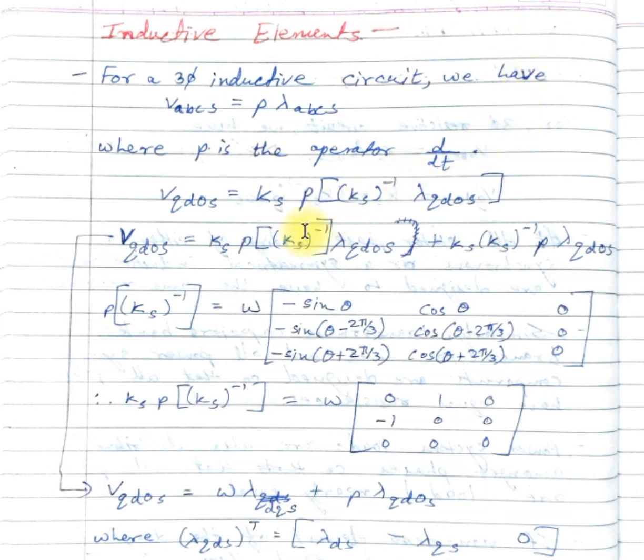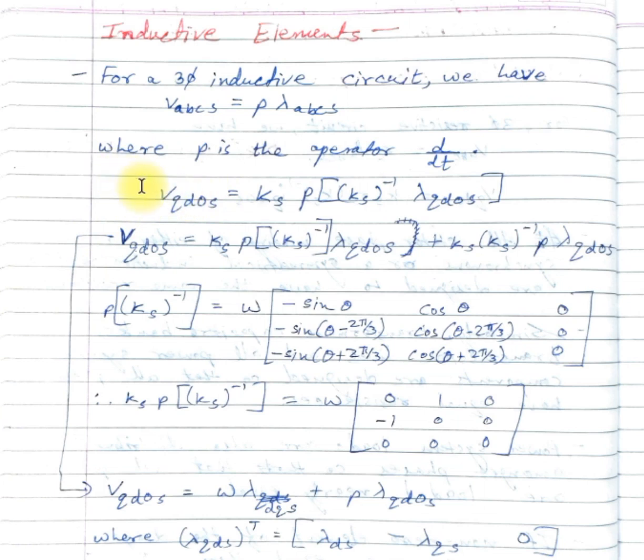So here V of QD0S would be equal to Ks into P into Ks inverse into lambda of QD0S. Now this is the same as we had done prior to this, where V of ABCS can be taken as Ks inverse into V of QD0S.